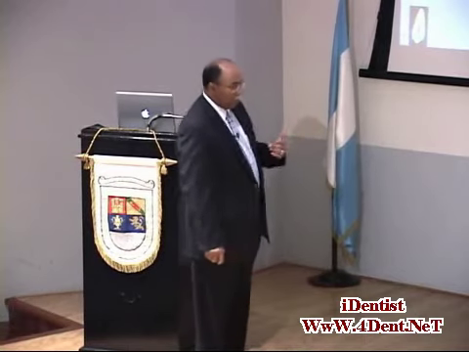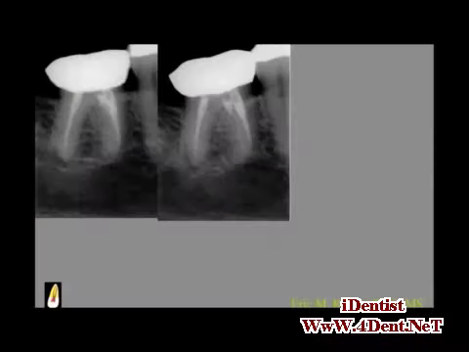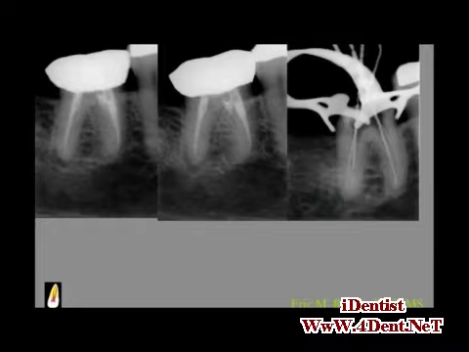I made an angled radiograph preoperatively to see what the case looked like and to make my own determinations. And we performed the root canal treatment procedure. You can see that we gained length on the mesial aspect and actually located a second canal in the distal.